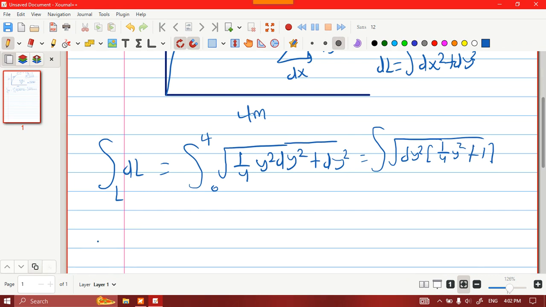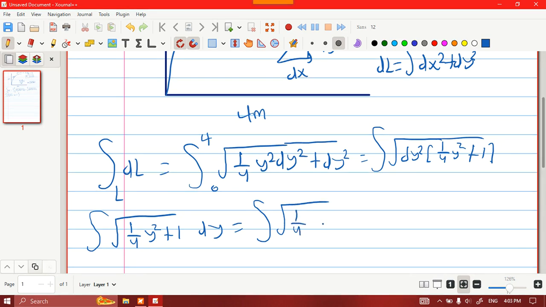Okay, doing some simplification, yielding 1 over 4 y squared plus 1 times dy. Take 1 over 4 as common factor in order to leave the y squared alone, yielding y squared plus 4, dy.